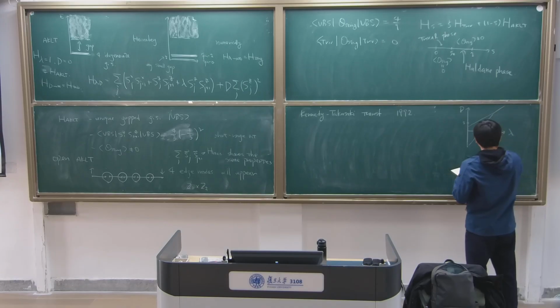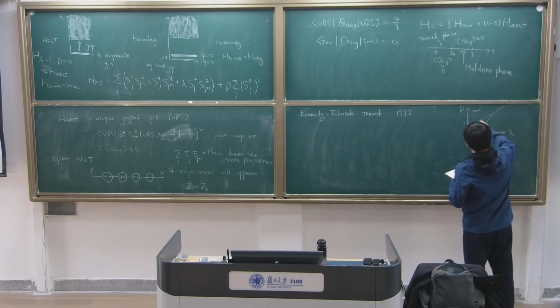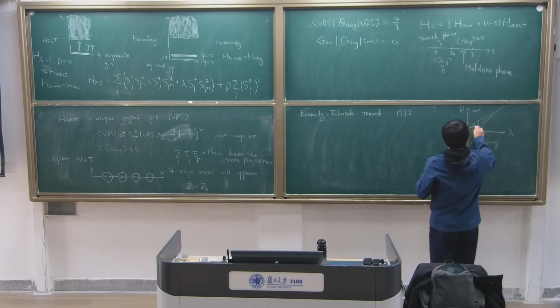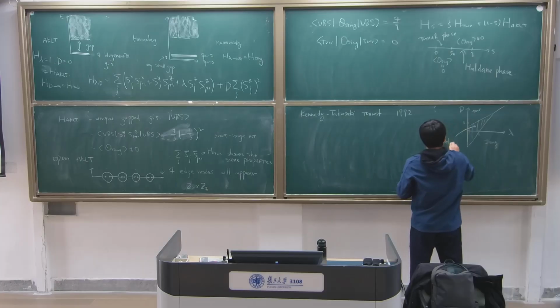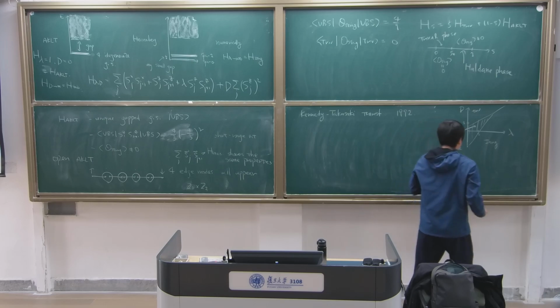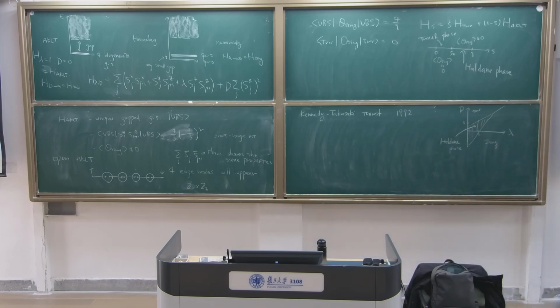So this is the Ising phase. This is the trivial phase. And here is the Haldane phase. So this one is the Haldane phase.